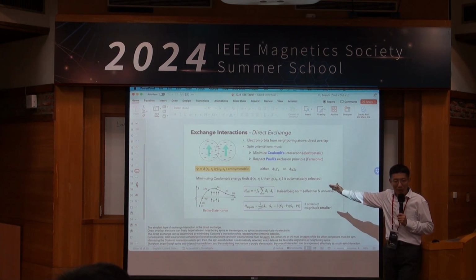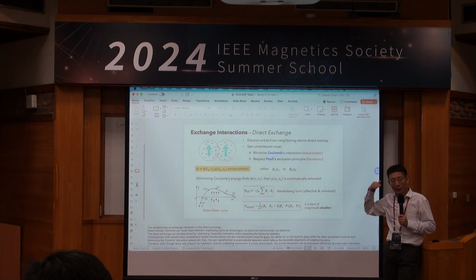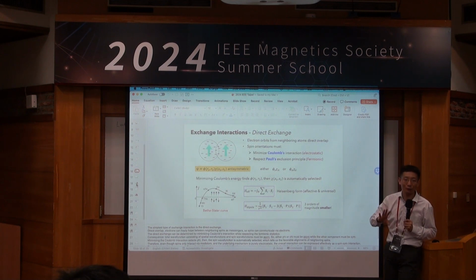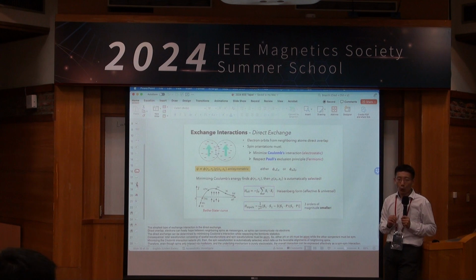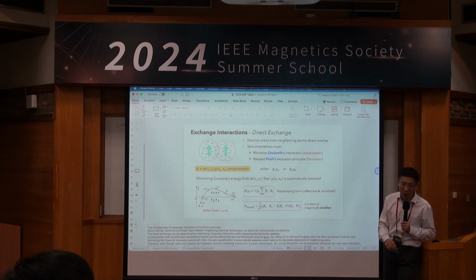Because the Heisenberg interaction is attributed to a pure electrical origin, it's not a spin origin, spin is an effective picture. The true physical origin is electrostatic, which explains why it could turn out to be effectively as strong as 1,000 Tesla.